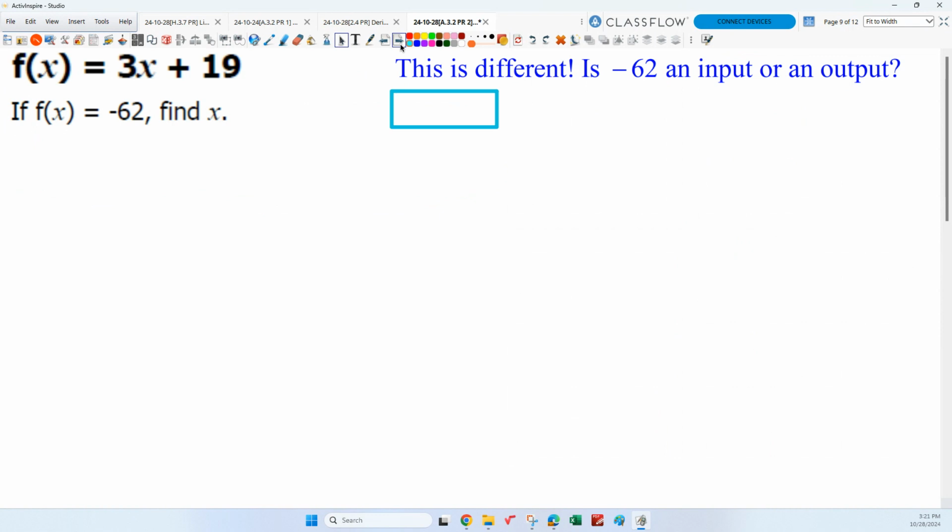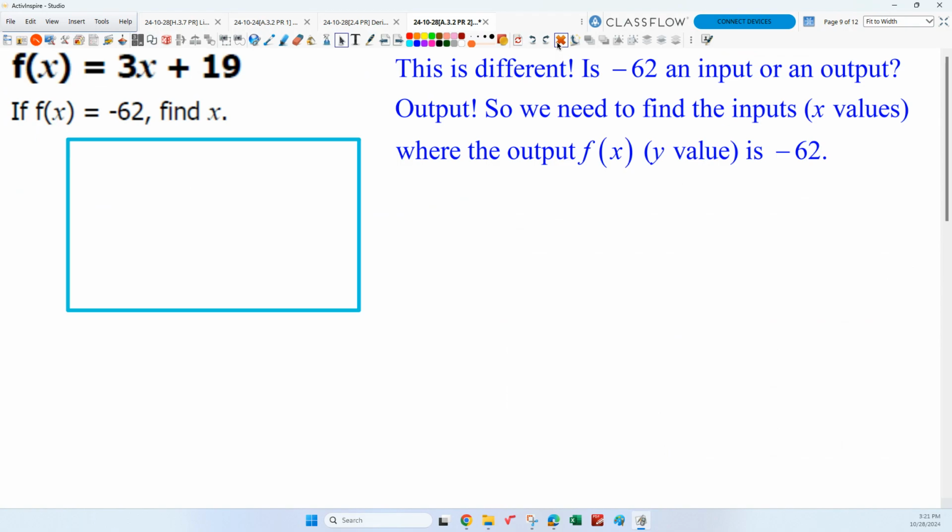That's the output number. Where am I going to plug that in my equation? You're going to switch it for x. There you go. I'm going to plug that in for f of x. Okay, that's an output. So we need to find the inputs, the x values, where the output f of x, which is just the y value, is negative 62. So I'm plugging negative 62 in.